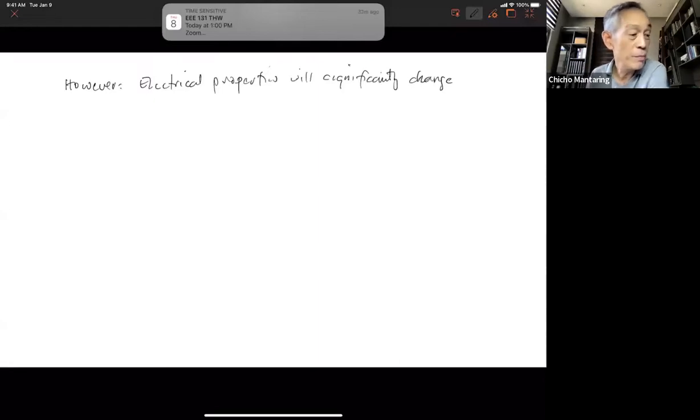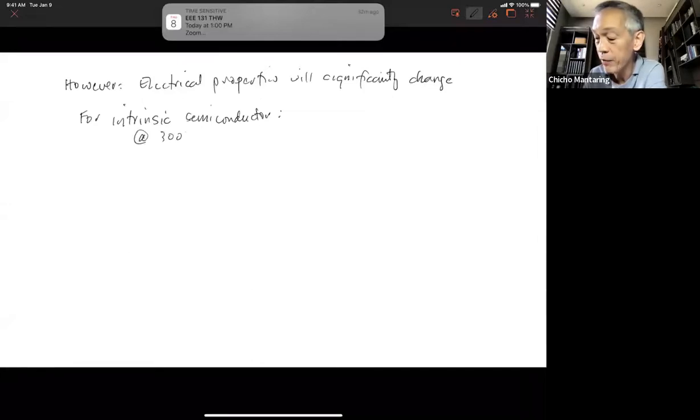Okay. So originally, let's say you're at 300 degrees Kelvin. For an intrinsic semiconductor at 300 degrees Kelvin, your electron concentration N will be approximately equal to 1.5 times 10 to the 10 per centimeter cubed.